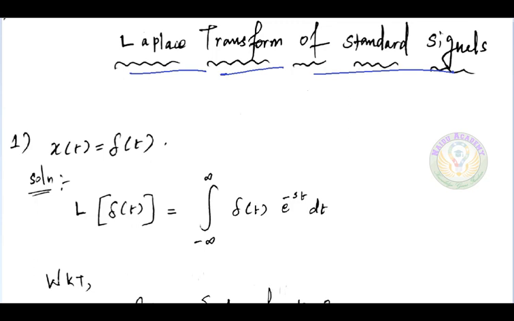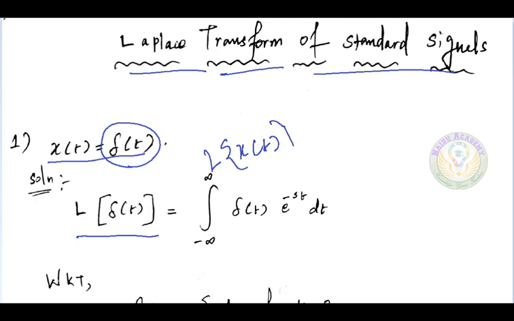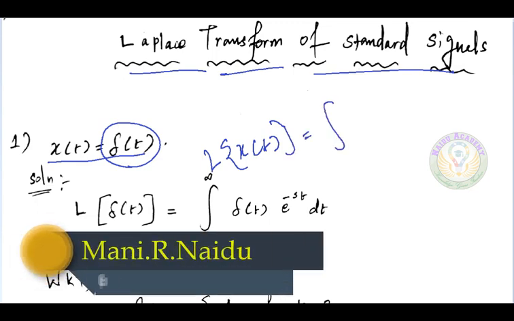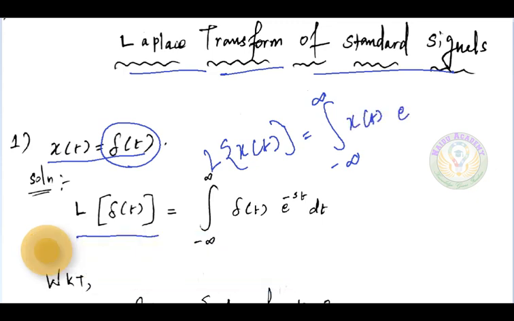Okay, so let's start. We will start from one of the basic standard signals, that is the impulse signal or impulse function. If you take the Laplace transform of the impulse signal, this is the definition of Laplace transform: Laplace transform of x of t is equal to the integral from minus infinity to infinity of x of t e power minus st dt.